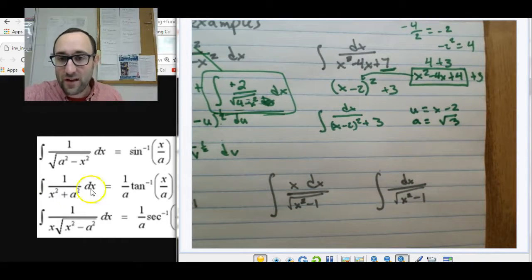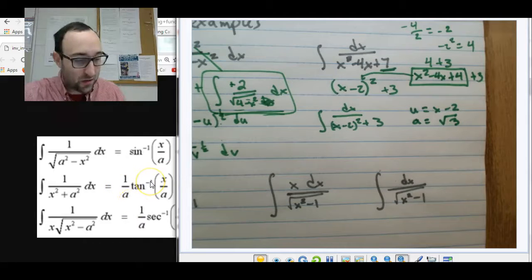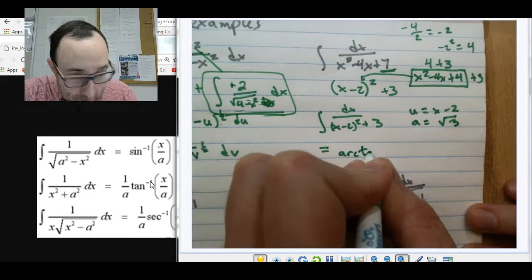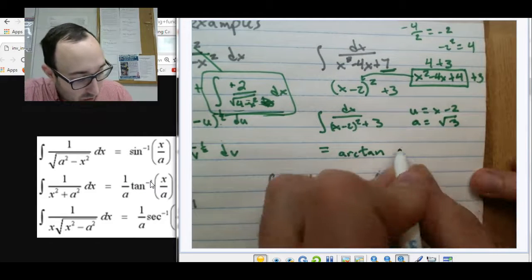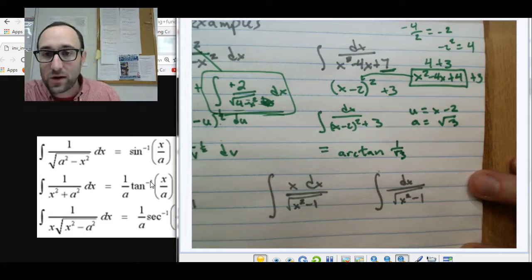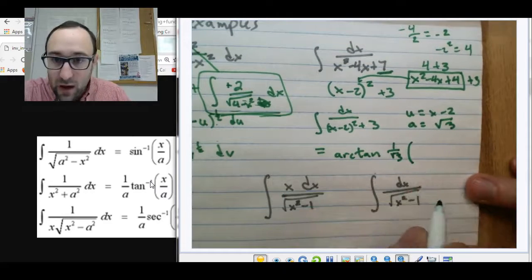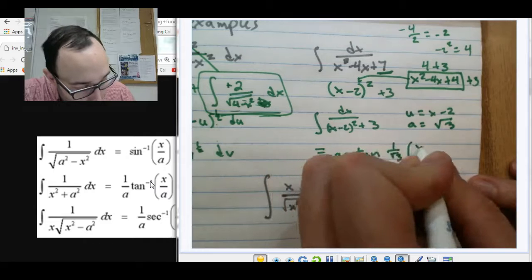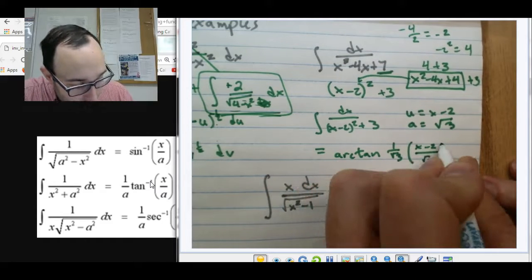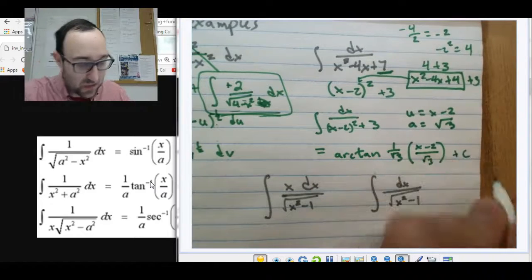Then I can just use the inverse tangent, or arctangent. So this is going to be the same as 1 over a, so 1 over the square root of 3 (we'll change that up later and rationalize the denominator), arctan of x over a, so x minus 2 all over the square root of 3, and then plus c.